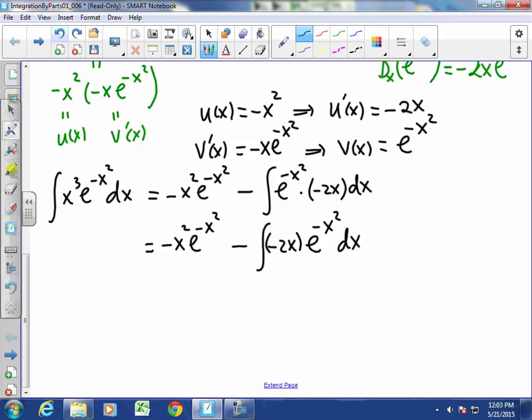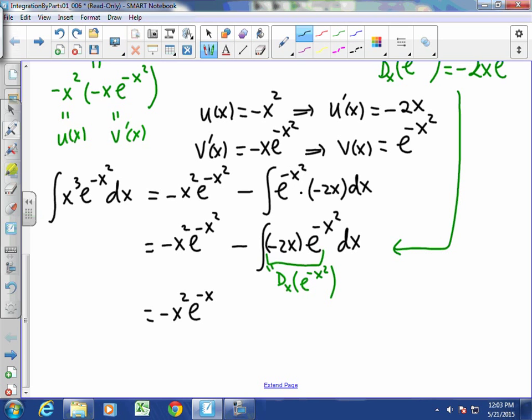Now remember what we just found here. This is just the derivative of e to the negative x squared. Therefore, our integral is negative x squared e to the negative x squared minus e to the negative x squared, plus a constant.